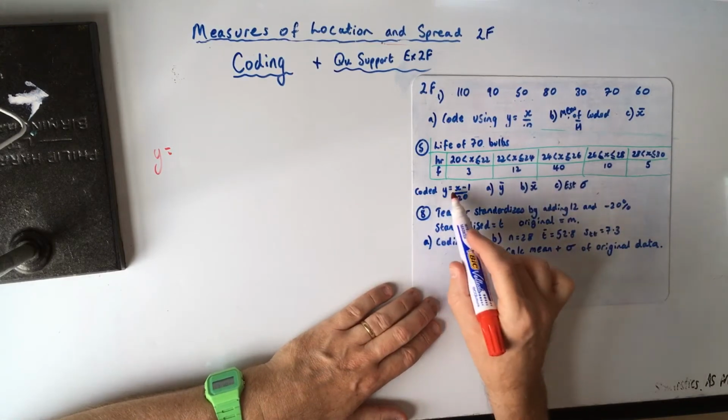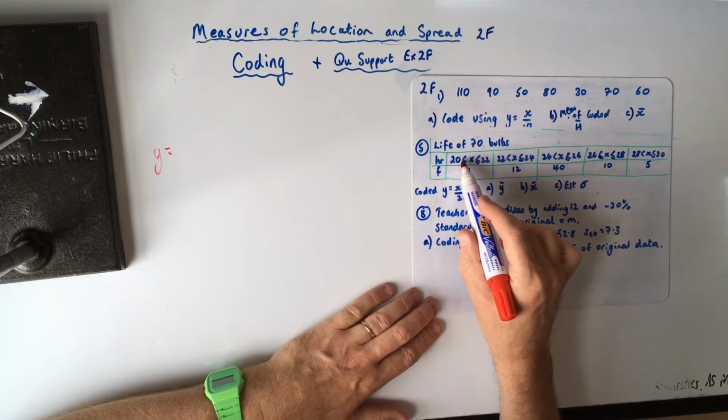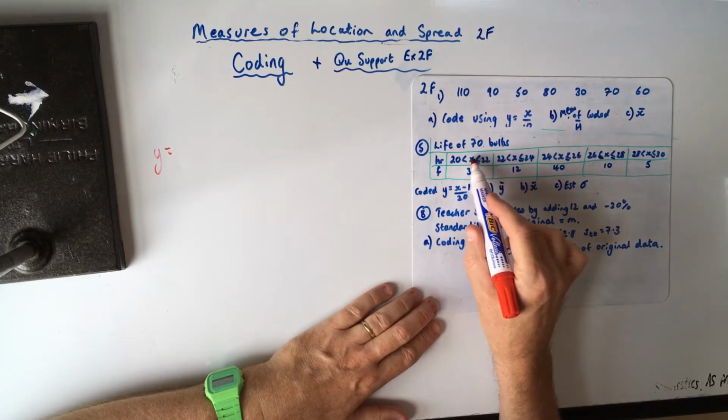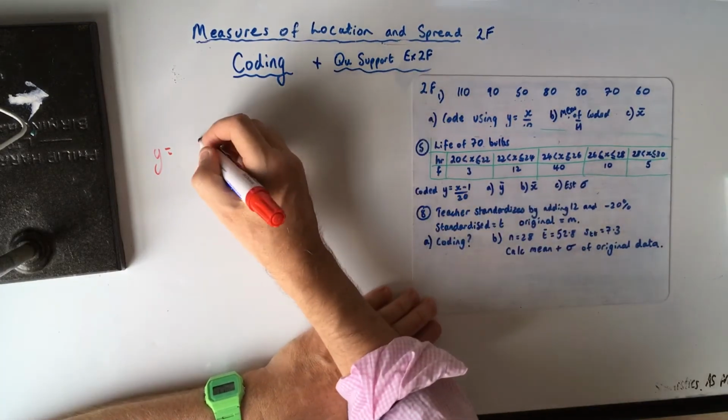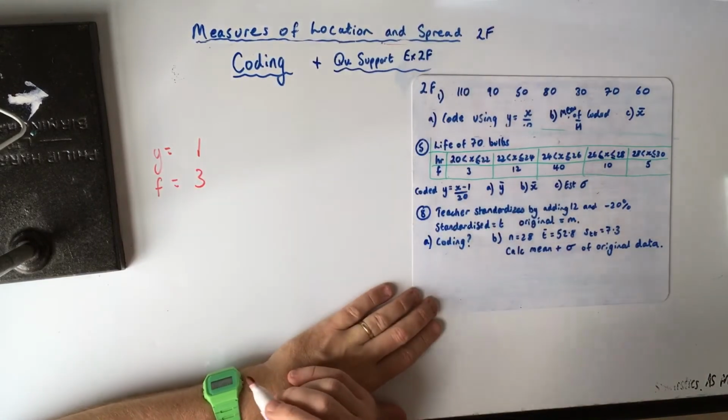So the y numbers, we're going to take off 1 and divide by 20. So 21 is the midpoint, take away 1 is 20, divided by 20, the first one is 1, and the frequency is 3.